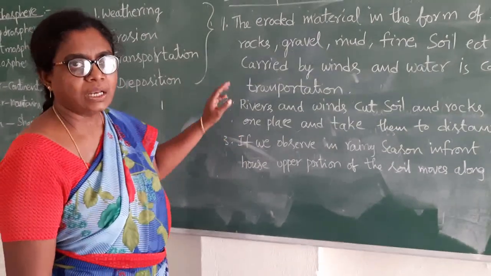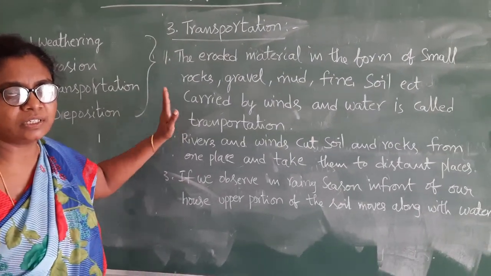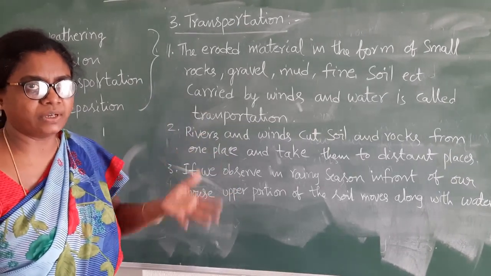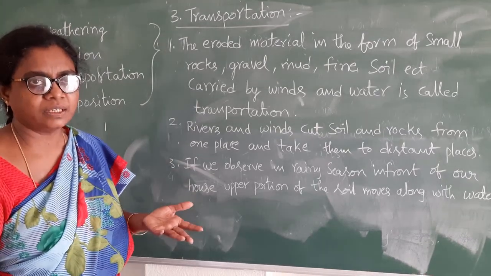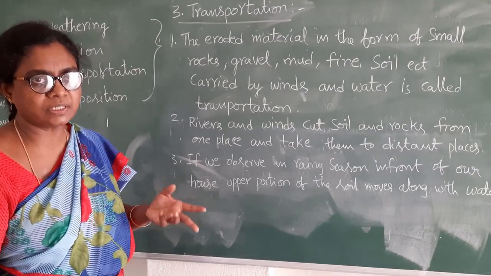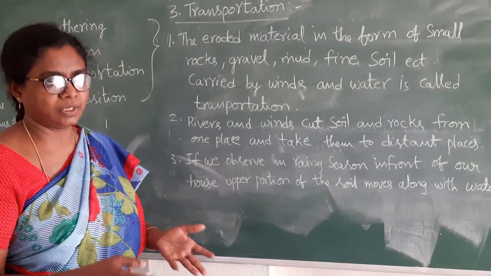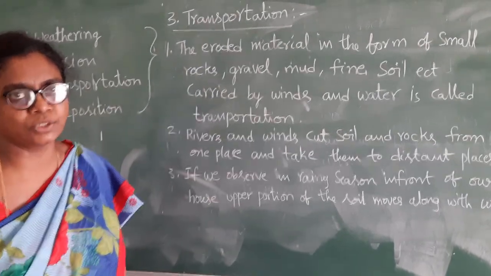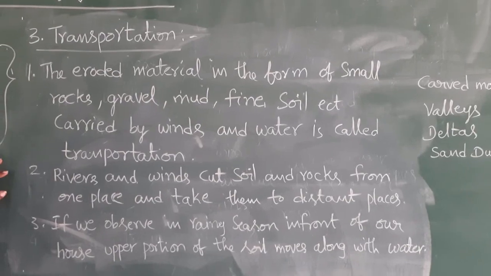So like this, transportation is very clear to ourselves also. We can observe it everywhere. In the rainy season, we can observe this transportation in our nearby houses or nearby places also.